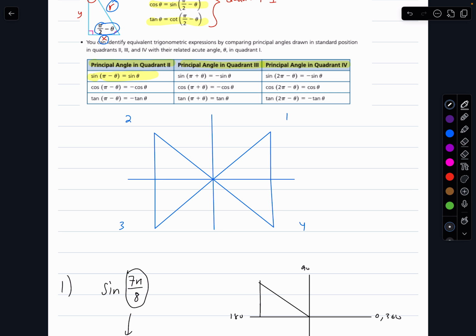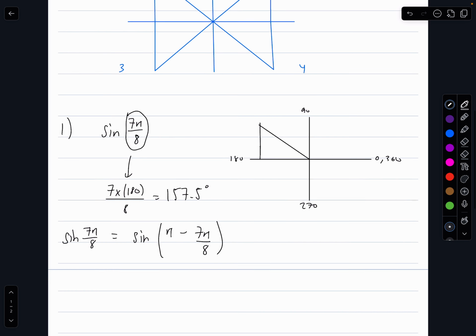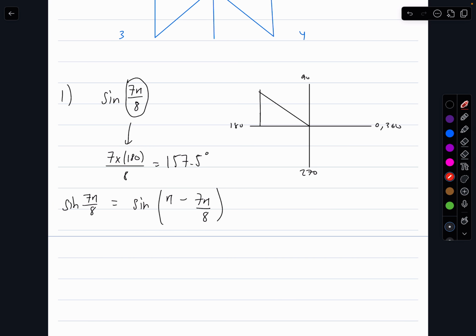So now we can kind of simplify it. We figured out the quadrant, we figured out we're dealing with sine, and we're just using the formula. I would just get a common denominator, and then I'll have sine of 8 pi minus 7 pi, which is pi over 8. And this right here is your answer.